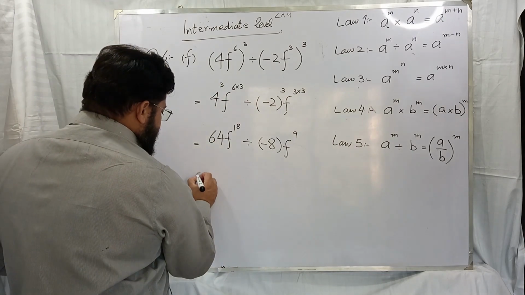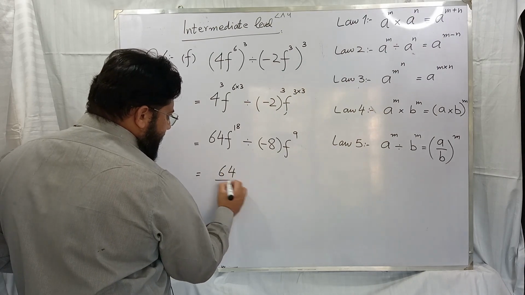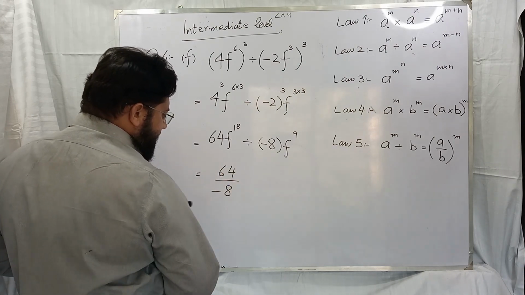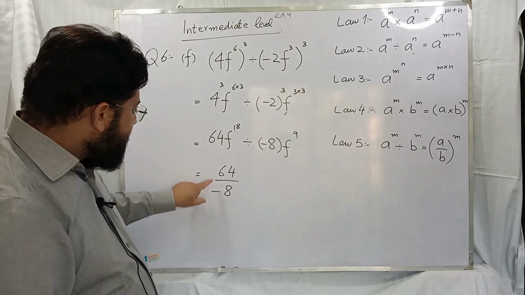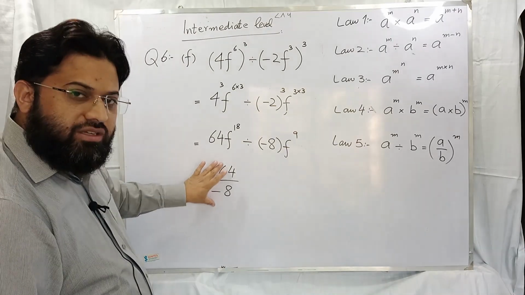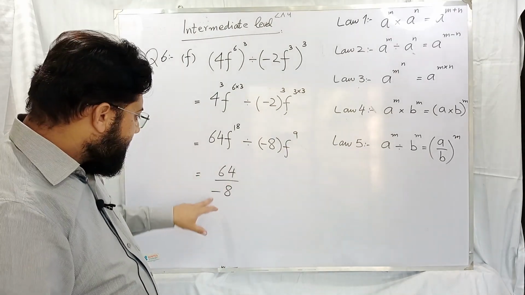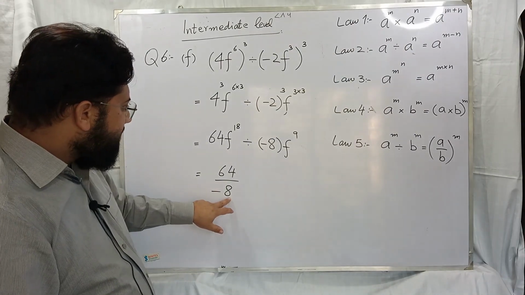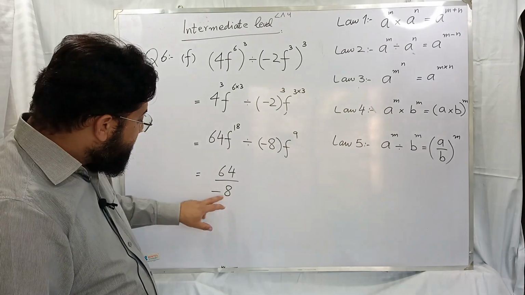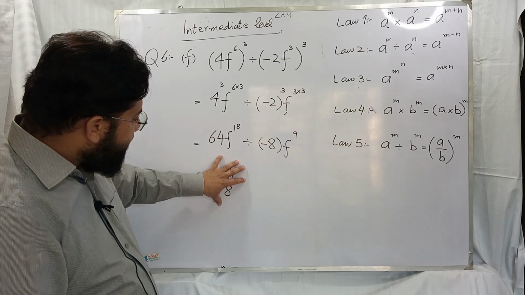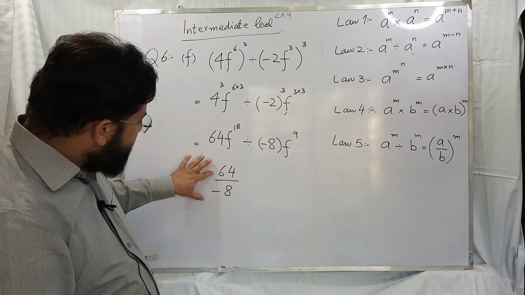Next, 64 divided by minus 8. Always remember that if there is one negative sign in the fraction, this deals with the whole fraction. Although this negative sign is with 8, it is with the whole fraction because there is a positive sign here, positive 64.